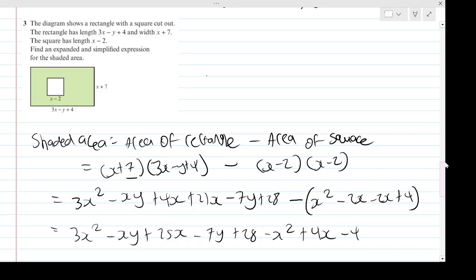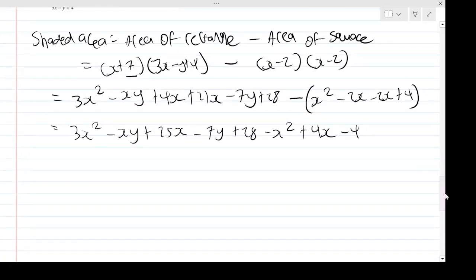And now we can simplify everything here together to get one final expression. So what about the x squared term first? See where we have another x squared term over here. So that will go to 3x squared minus x squared would be 2x squared. Then I have an xy, so minus xy. That's the only xy term, so that would just be minus xy.